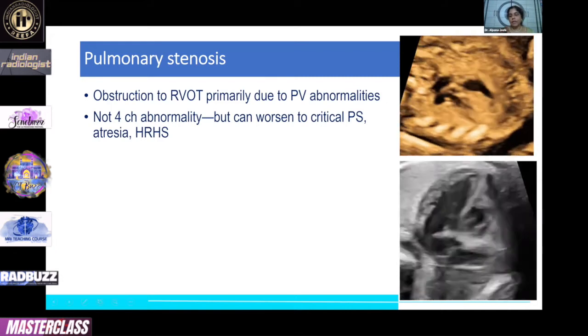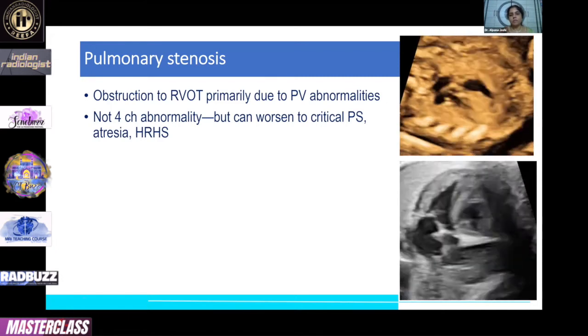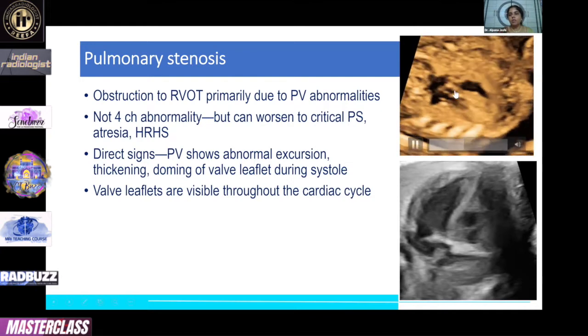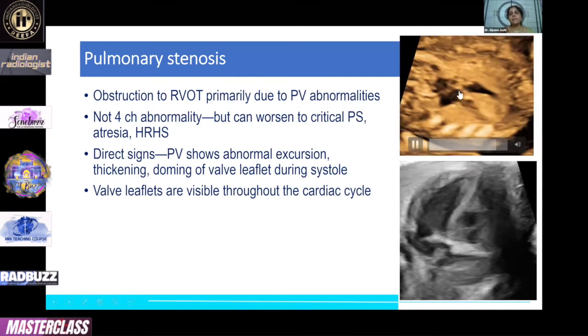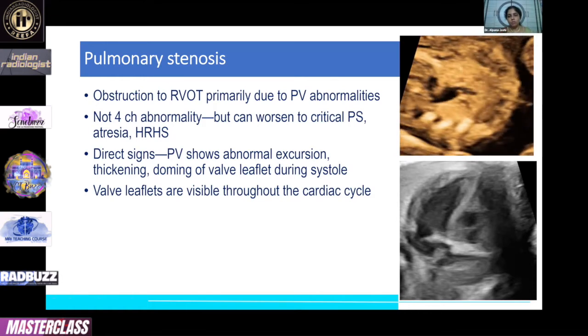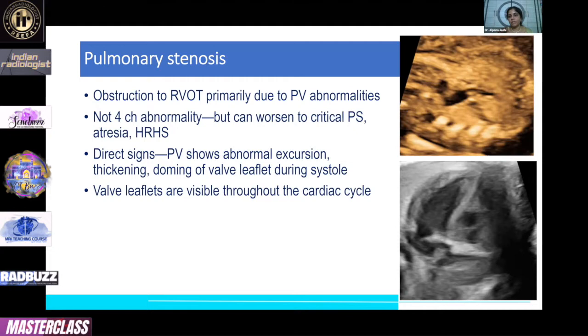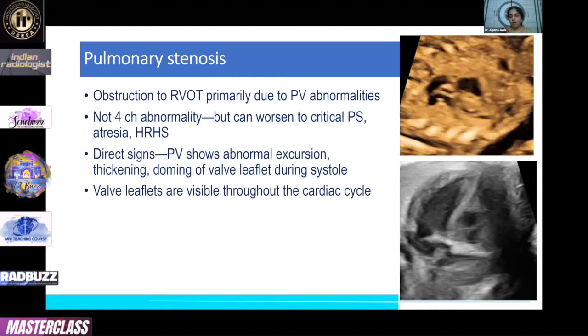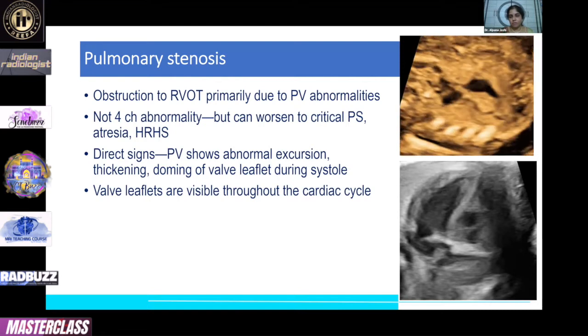The clue to the diagnosis, of course, the color Doppler is helpful. But again, as we saw in our previous lectures, you should always look at the valves. It should completely disappear in systole. So if that excursion is not really good, you can suspect even on your grayscale imaging that there is a problem. Valve leaflets which are visible throughout the cardiac cycle are always a problem.